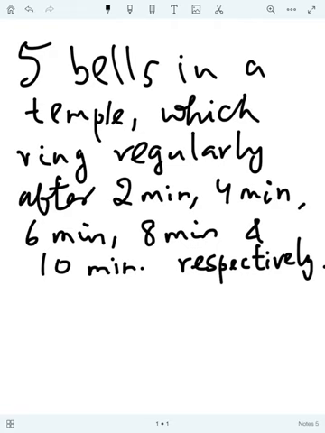Means these are electronic bells where their circuit is set in such a manner that they will always ring after 2 minutes, 4 minutes, 6 minutes, 8 minutes and 10 minutes respectively. So different time periods of all the 5 bells are set.